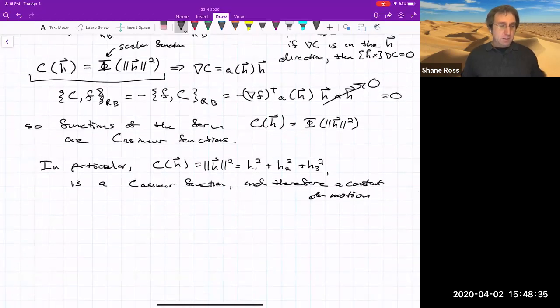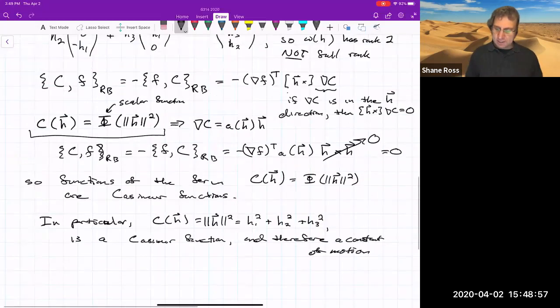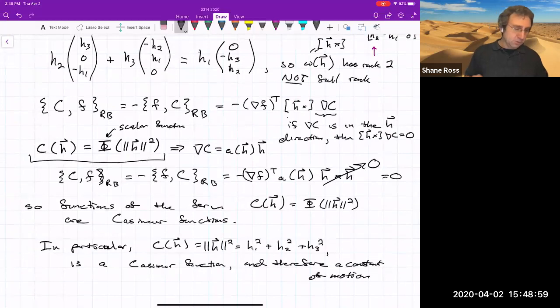There are other problems where the Casimir functions provide something that's not obvious or couldn't be obtained some other way. In this case, we're just building from something we do know. We have some idea about free rigid bodies. When there's no torque on a rigid body, angular momentum is conserved. But here it arises from an interesting mathematical framework. Okay.